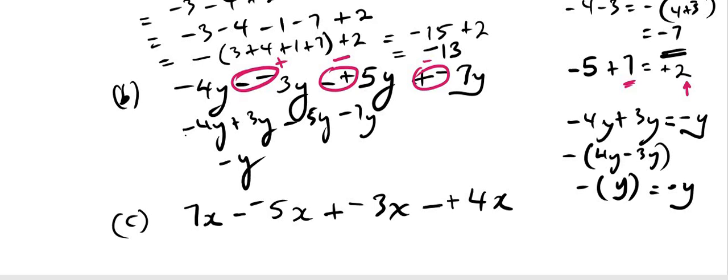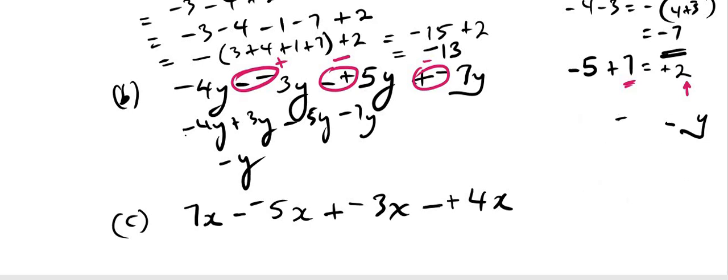Now here we have negative 5 minus 7y. How can we do that? Okay, we can do the faster way. We have two signs that are the same there. All right, let us write it this way: negative 5y minus 7y.